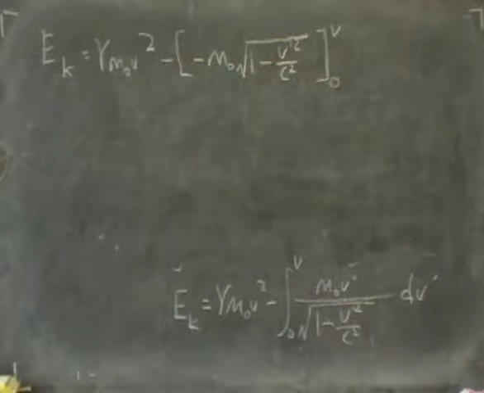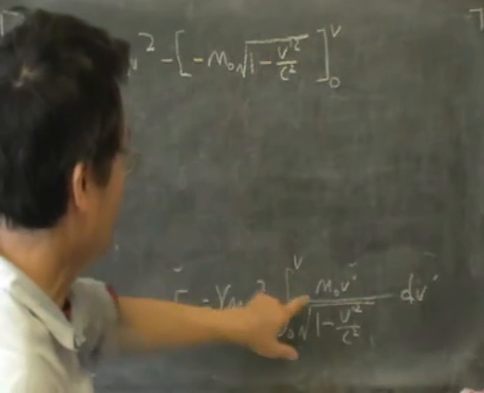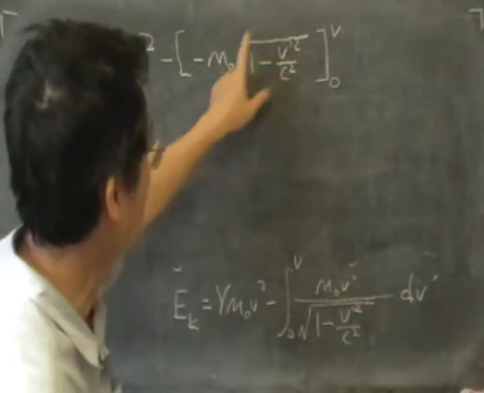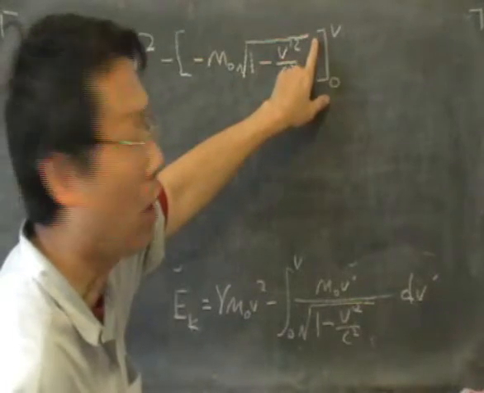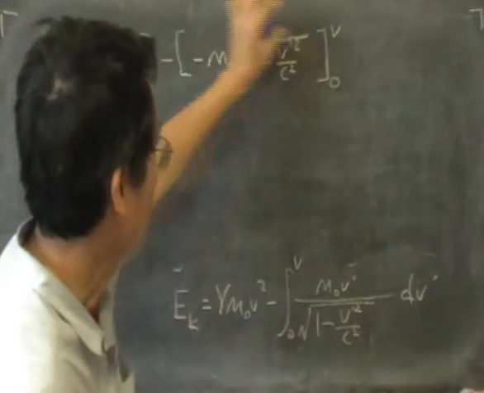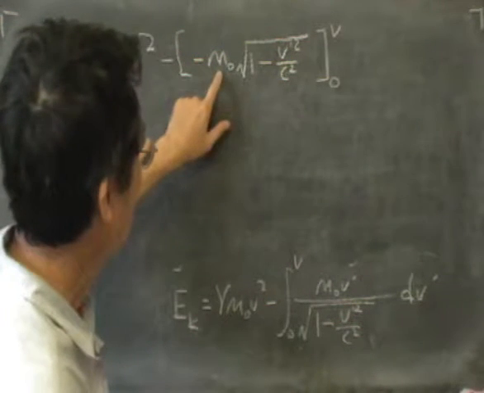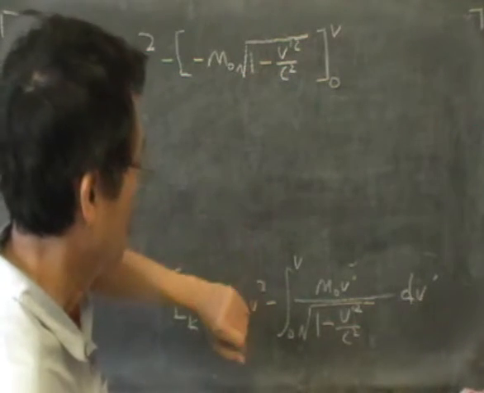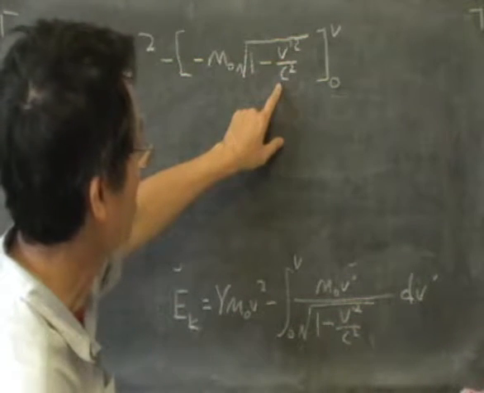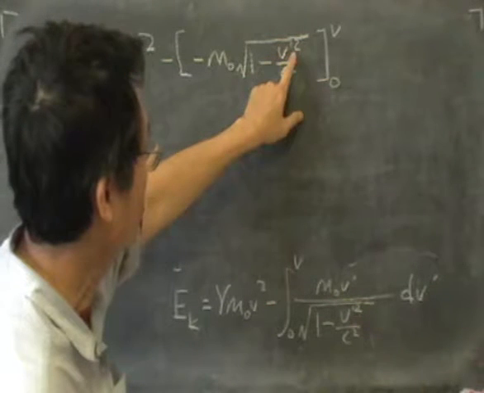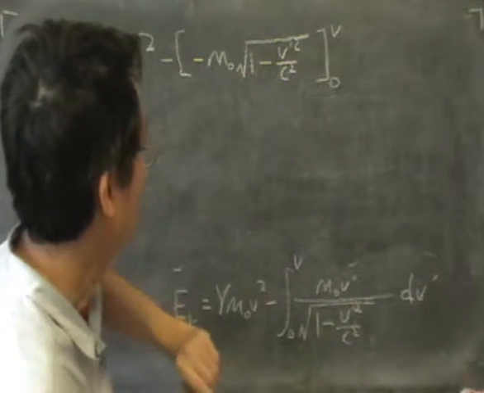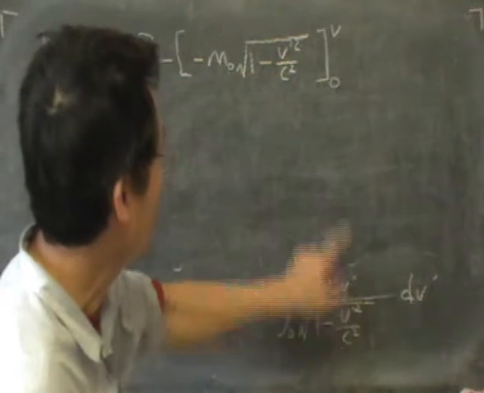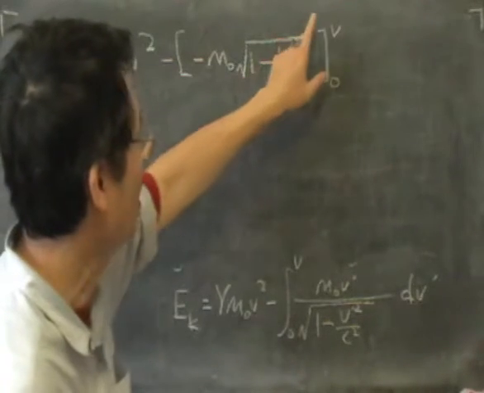Let's see if that's correct. I have an m naught there and an m naught there. What happens if I differentiate this? If I differentiate this, I have a power of half there, which has to come down. So it gains a factor of half. But I would need to differentiate the term inside the square root. That gives me a 2 v prime factor. So that's the v prime, and the 2 from the power will cancel with the half from the square root.